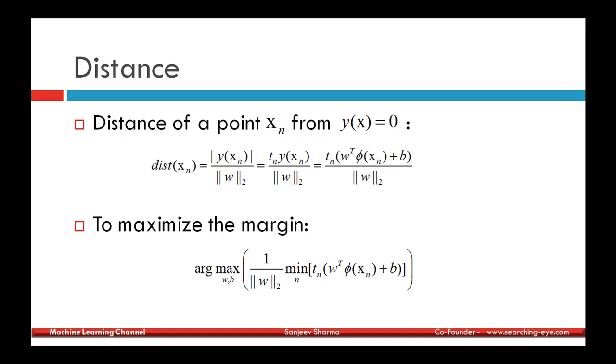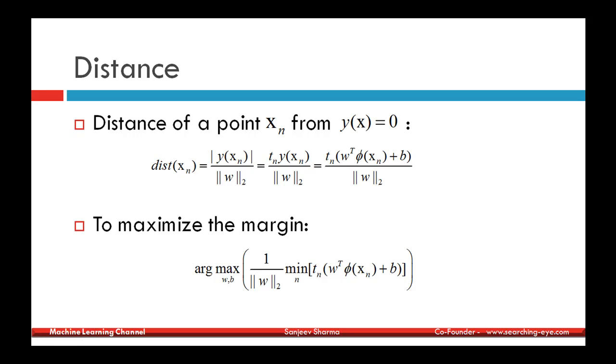And to maximize the margin, we first find the point that is closest to the boundary y(x) = 0. To find it, we take the minimum over all n of t_n times W transpose times phi(x_n) plus b.